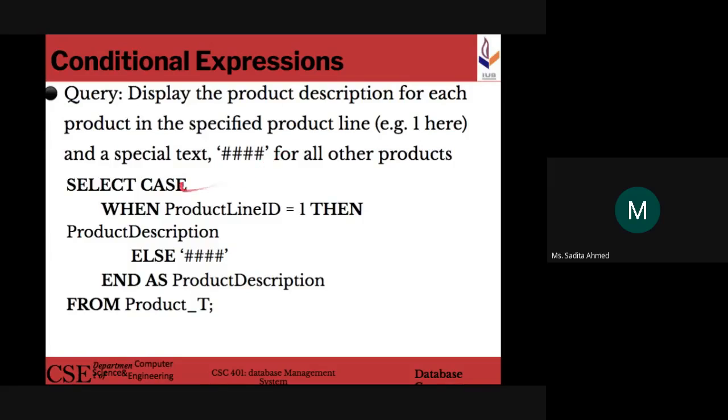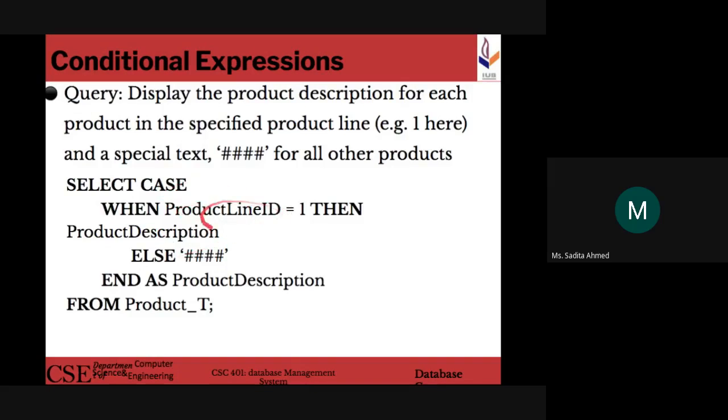So ওটার জন্য SQL has case and else. So select case and else, how it works is basically select case এর সাথে আমি কন্ডিশনটা দিয়ে দিব যে when this condition is met, product line ID is equal to 1, then what will happen? Then simply for those products where the product line ID is equal to 1, product description value will be displayed, whatever the value is under product description.